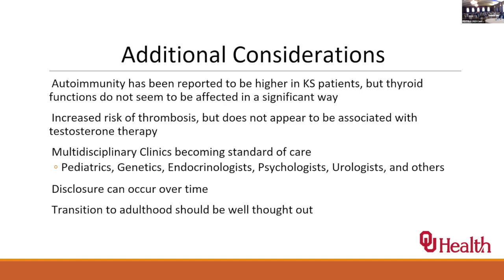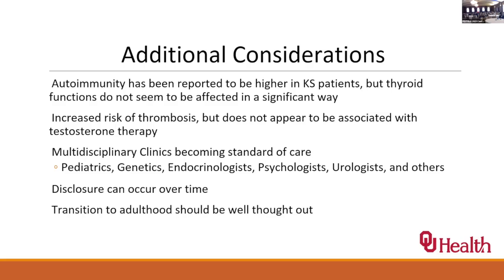And then transition to adulthood, of course, should be well thought out. I've been asked about this before as well. I think Dr. Bangdu also talked about transition with Nunes, for instance, or at least was asked that question. In my mind, if I can get our patients at 18 years of age on a good dose of testosterone, we've discussed fertility, we've done additional screening to rule out metabolic syndrome or things like that, and they've been tapped into resources appropriately with our psychologists or other people that they need, I feel like I've done my job.